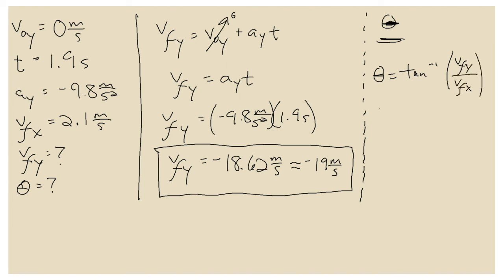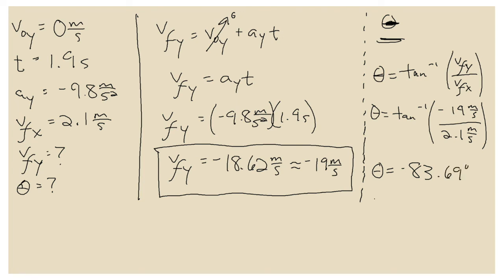And so we just plug them in. We have the inverse tangent here of negative 19 meters per second over 2.1 meters per second. And when you plug those in and do that math, you get negative 83.69 degrees. And so we'll call that, to two significant figures, negative 84 degrees.